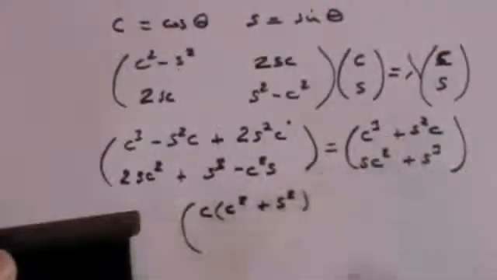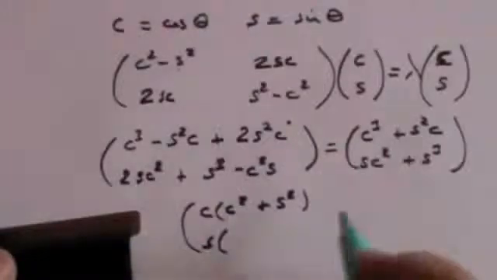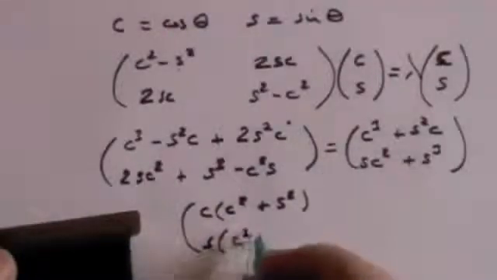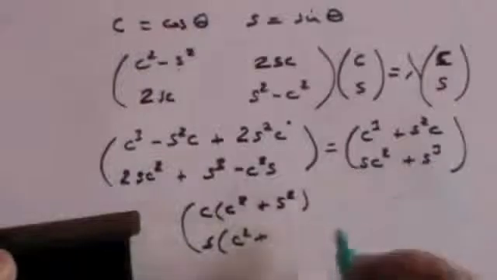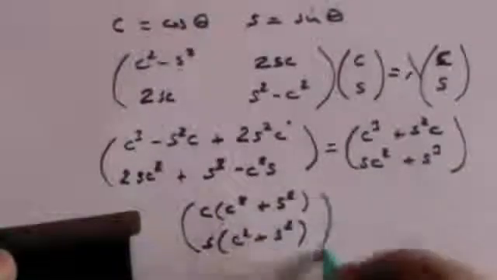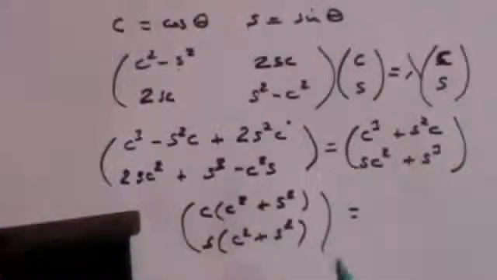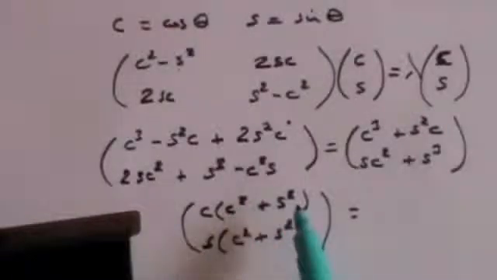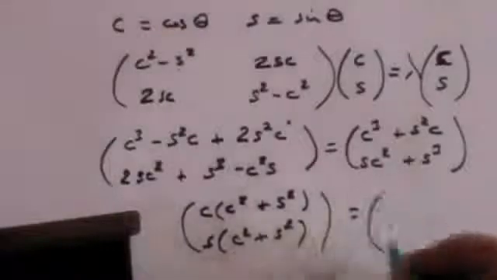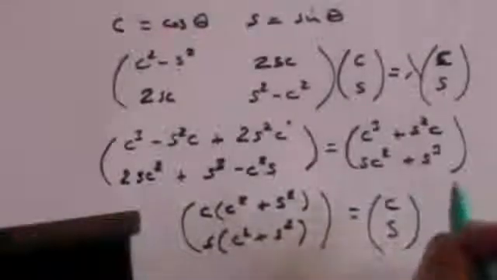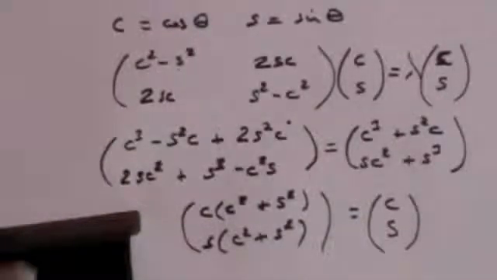And if I take sine out at the bottom, I've got sine into cosine squared plus sine squared. And since cosine squared plus sine squared is 1, this amazingly simply reduces to cosine sine.